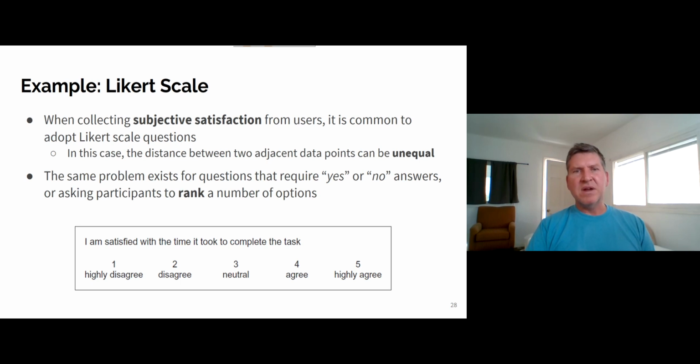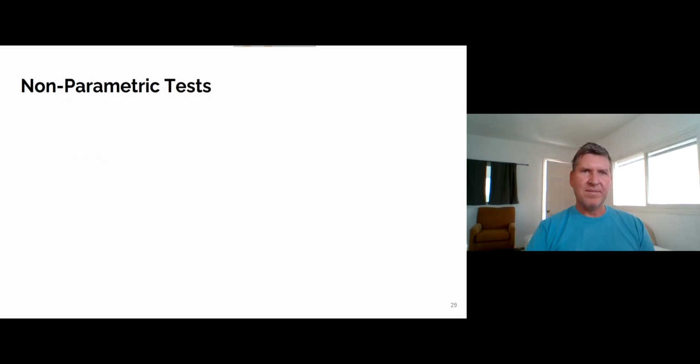Also, when we have yes or no questions, we could have the same issue, and also with ranking, because my first choice might be really, really my favorite choice, and the second one I'm lukewarm about, and the third one I'm almost the same as the second one. So we can't preserve that interval. We can only preserve order.